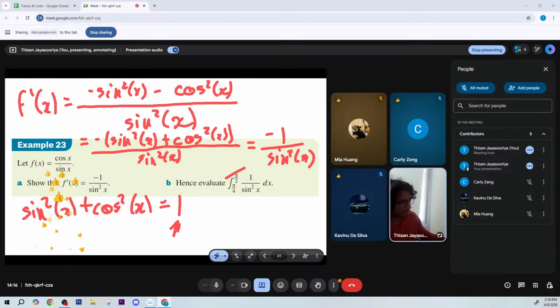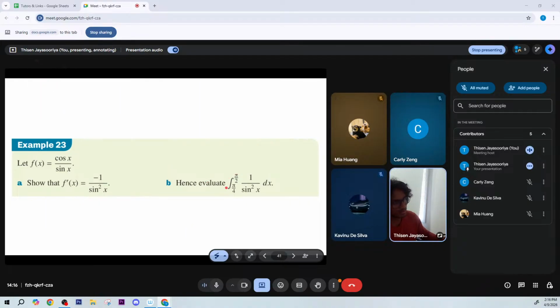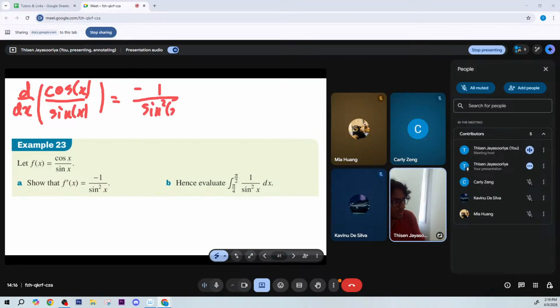Okay. Now, here it says hence evaluate this. So we know that the derivative of cos of x over sine of x is equal to negative 1 over sine squared of x, right? What is the integral expression I can write out here, Carl? How can I rewrite this using the integral rather than the derivative?